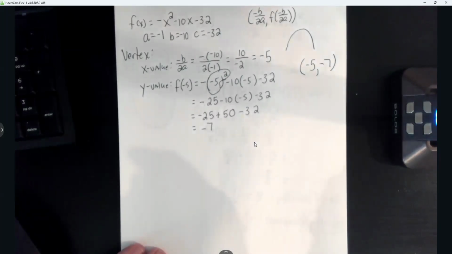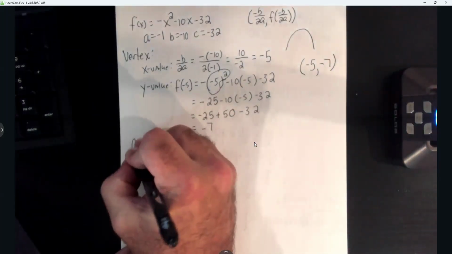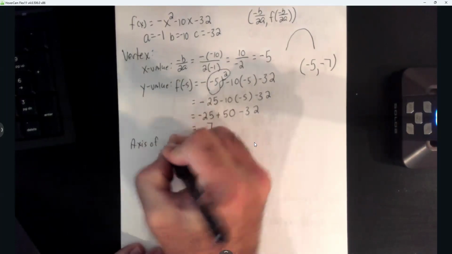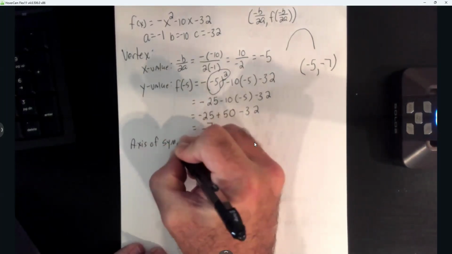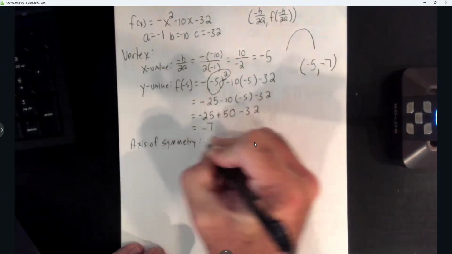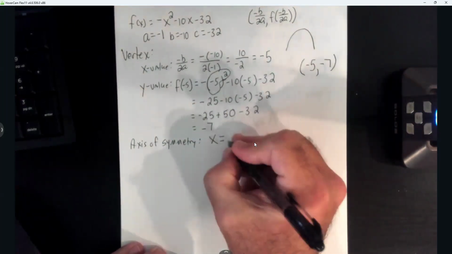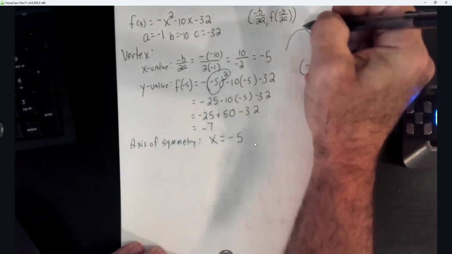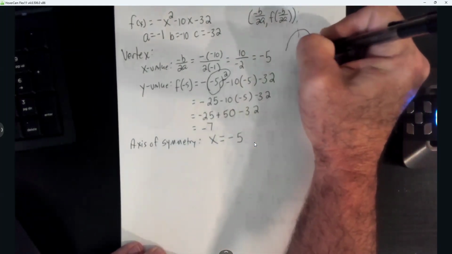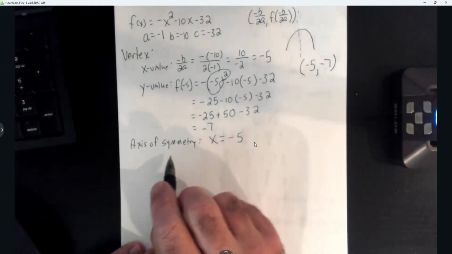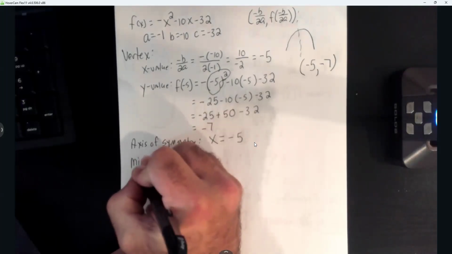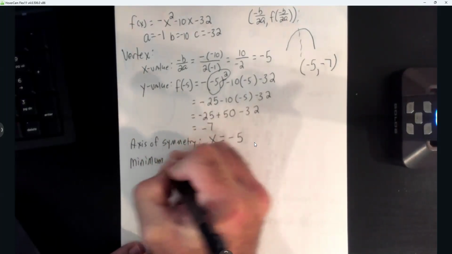So that means I can now find my axis of symmetry. And that's going to be x equals the x value, which is -5. So that -5 would cut that parabola right in half. Then they want a minimum or maximum.